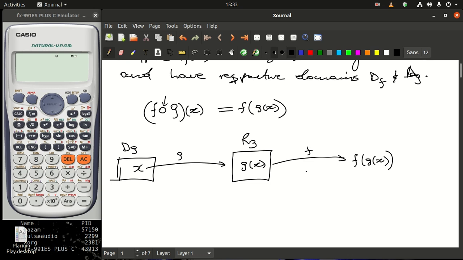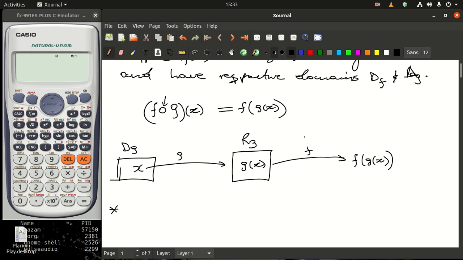What does this mean for the domain of this composite function? The domain of g of x is the set of all input values that make g of x defined. So that's the domain of g of x.